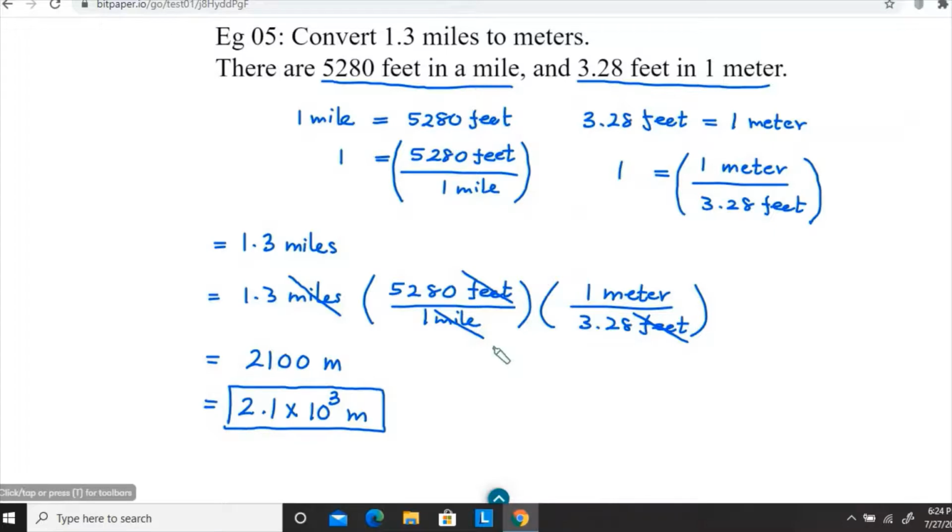So the important thing is that here we can consider the units as algebraic terms.